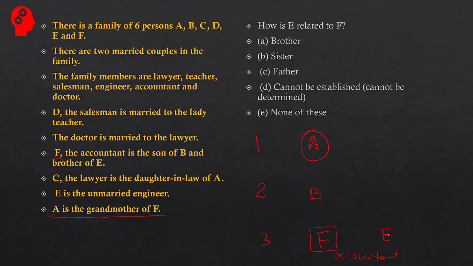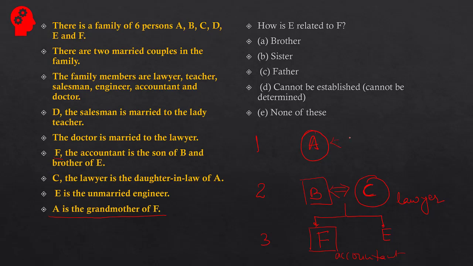C, the lawyer, is daughter-in-law of A. That means C would come in the second generation because daughter-in-law comes a generation below. Daughter-in-law, she is a female, profession has been defined, lawyer, would be married to B because it has been mentioned there are 2 married couples in the family. D, the salesman, is married to the lady teacher.